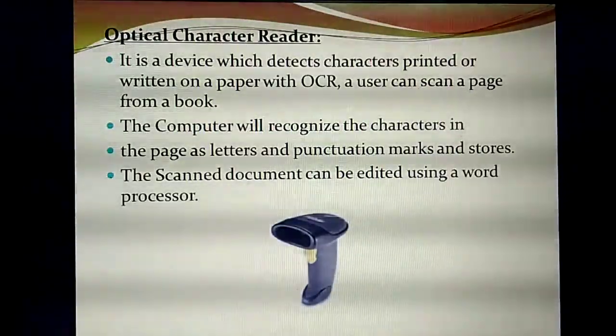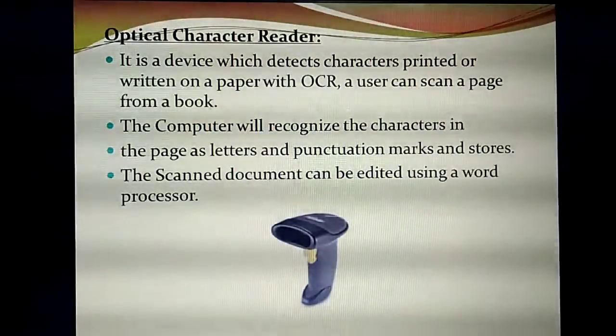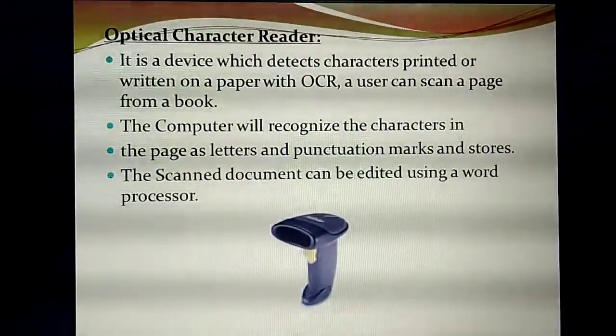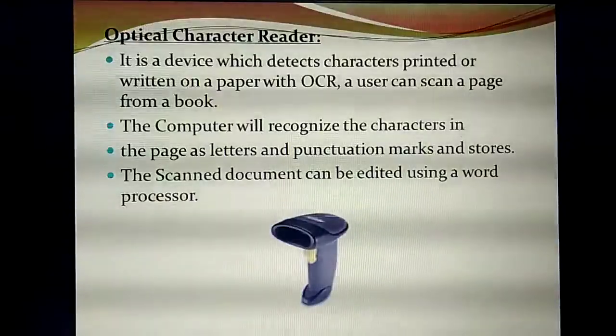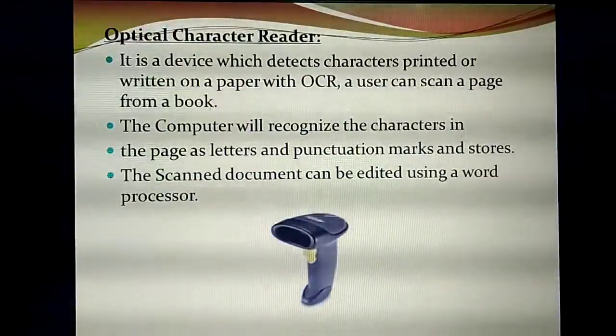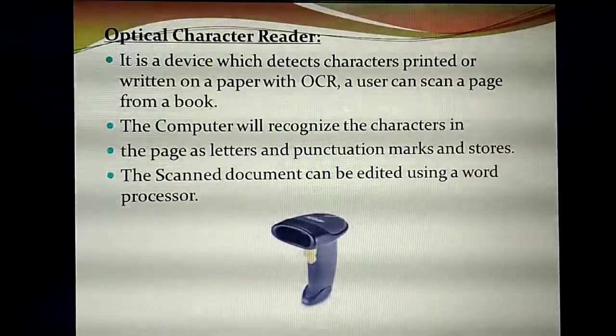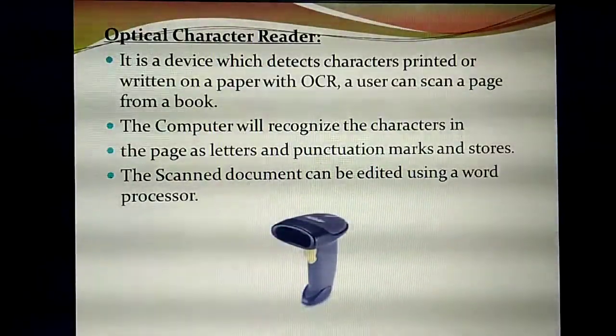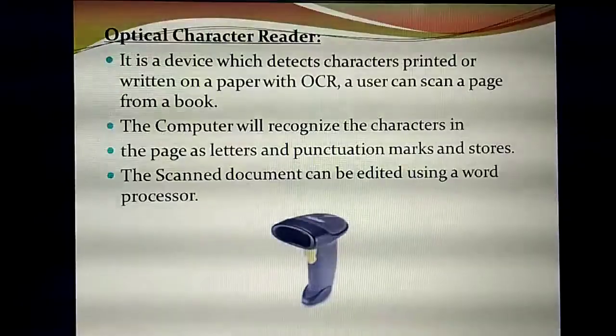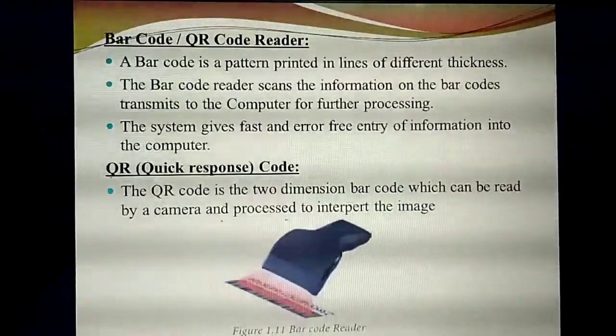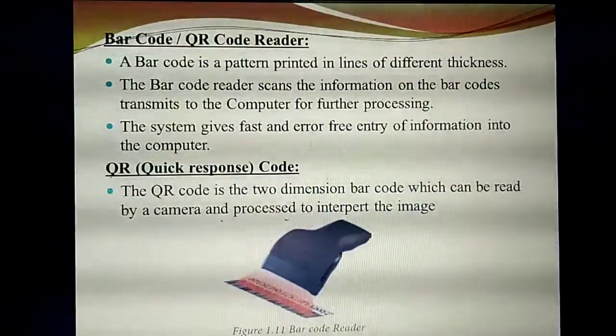It will scan letters, symbols, punctuation marks, everything. All the things are scanned and stored in memory. If you need to edit the document, you can type it on the computer and edit it using a word processor. Understand?